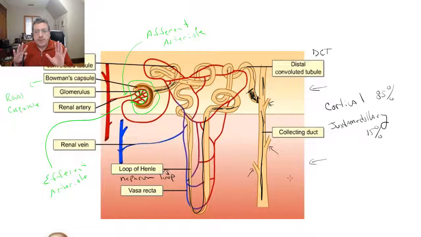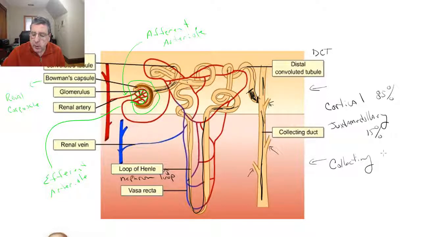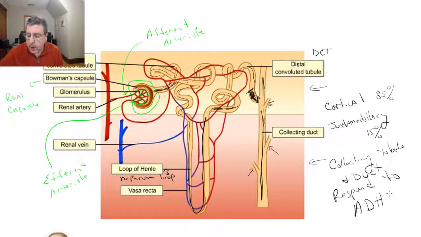Both the collecting tubules and collecting ducts respond to antidiuretic hormone.